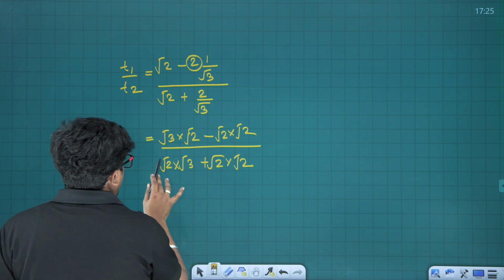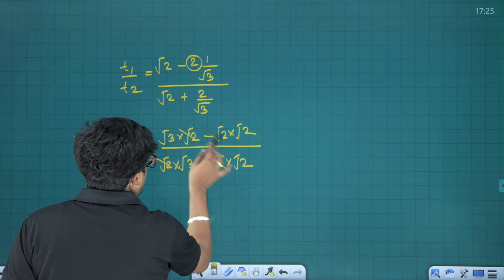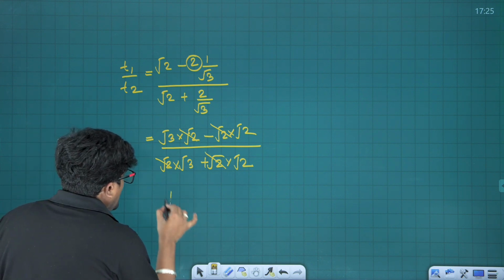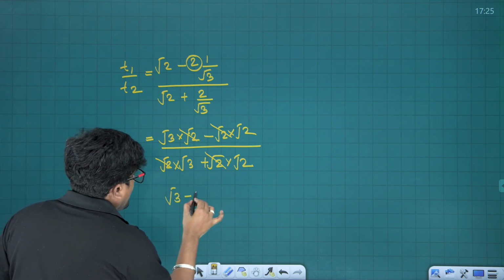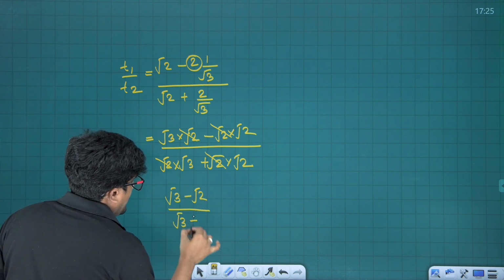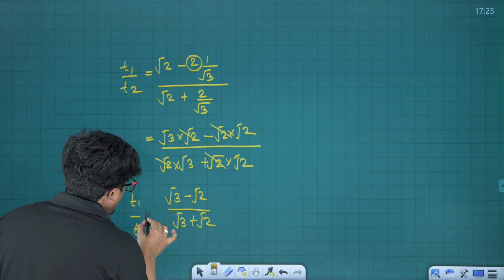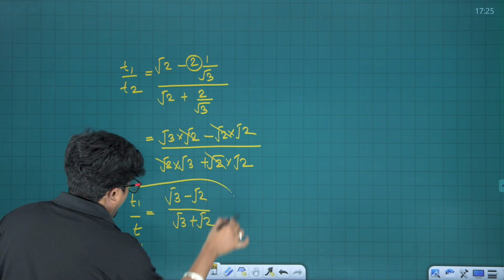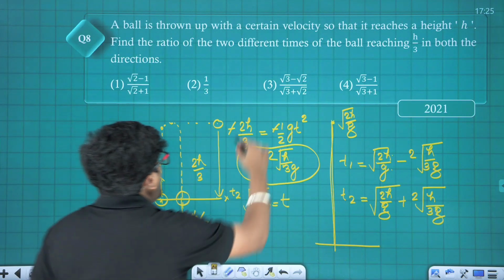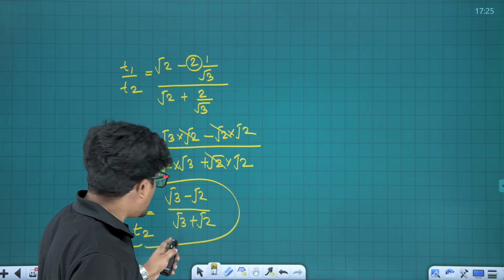Now again root 2 is common. That will get cancelled. Now what I have is root of 3 minus root of 2 all divided by root of 3 plus root of 2. This is t1 divided by t2. Fine, which means option 3 should be the correct answer. Root 3 minus root 2 upon root 3 plus root 2.